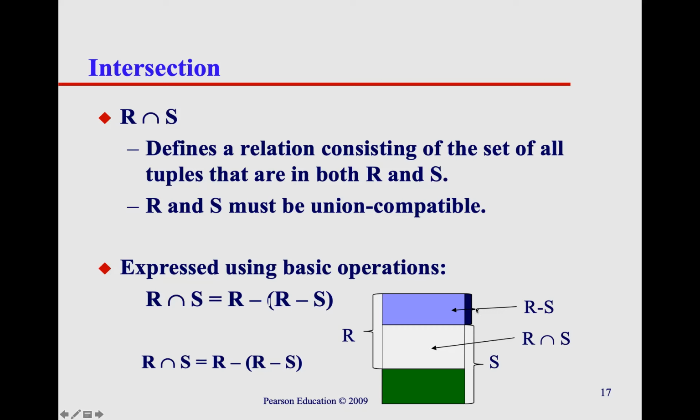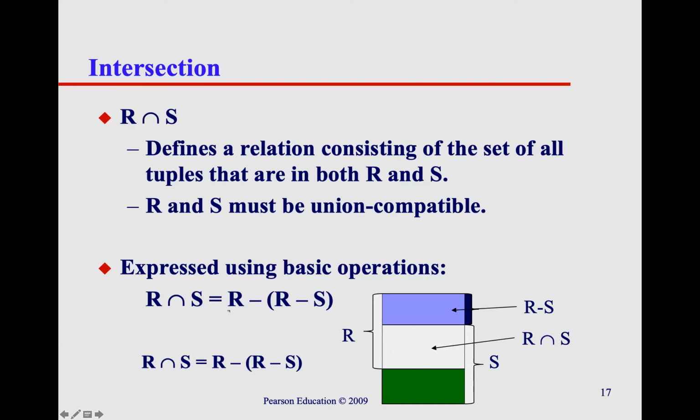Here's the way of viewing it. Here is R stretching all the way down here. Here is S stretching from here down to here. So this blue portion is the part of R that is not in S. And then when we subtract this part from R, we're left with the white portion.